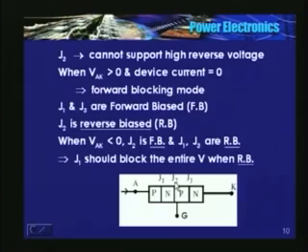Now when the device is in reverse bias mode, J1 and J3 are reverse biased. But I told you that J3 cannot support a high reverse voltage because N2 is very thin and it is highly doped.